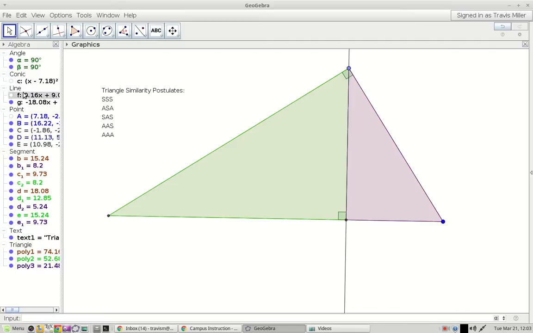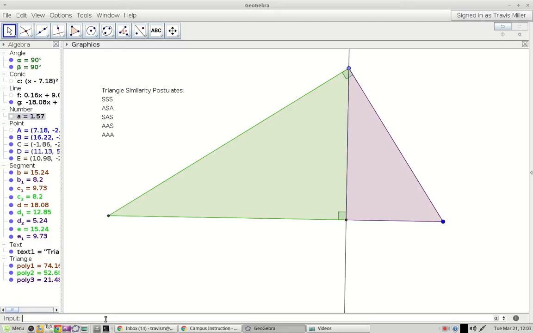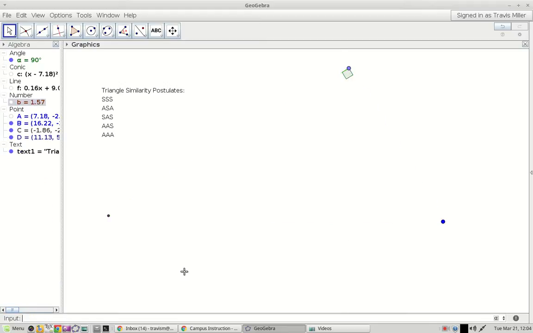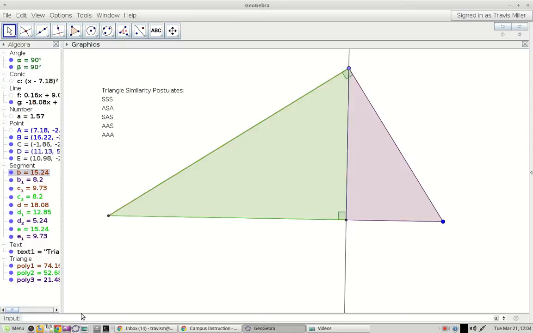So maybe I have to type A equals B sub 1 divided by D sub 2, and B equals D1 divided by C sub 2.